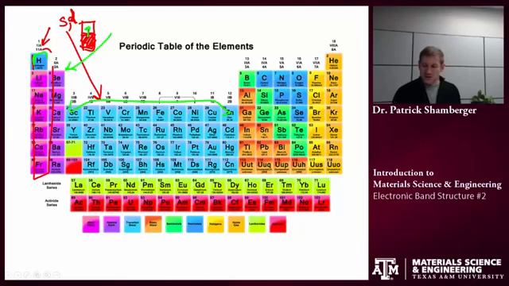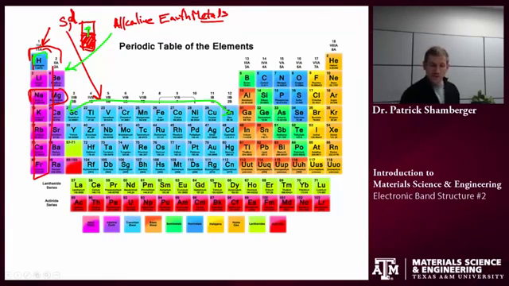The alkaline earths are a little bit different because I would have a full s orbital likely. So for example, in this case, magnesium, I would have a full 3s orbital. But we think of these things as metals. In fact, we call them the alkaline earth metals. And so they do behave metallically, but it's a little different picture than the alkali metals or the transition metals.